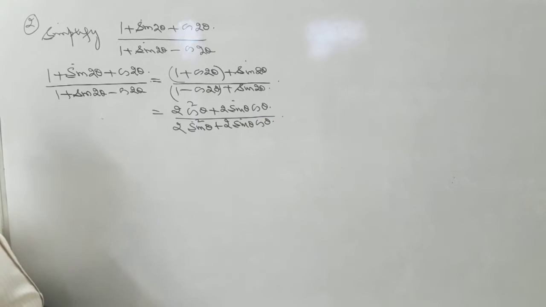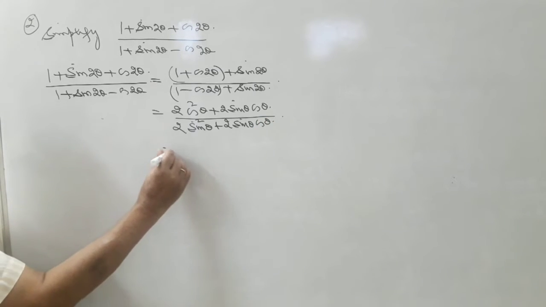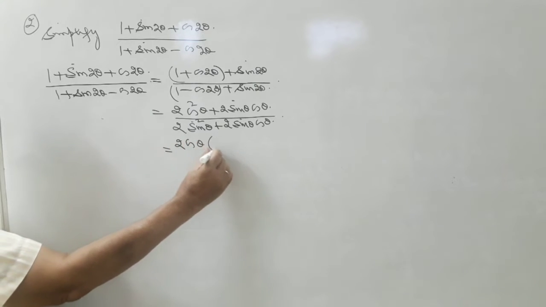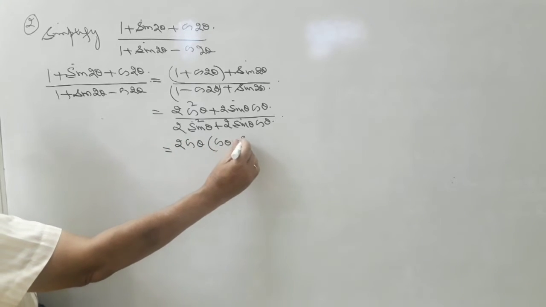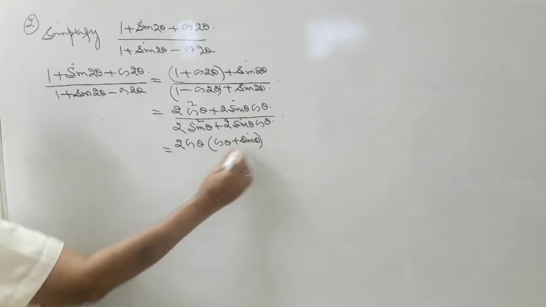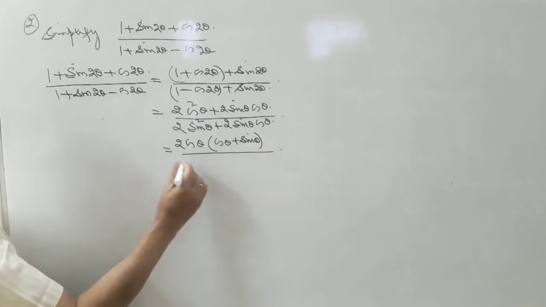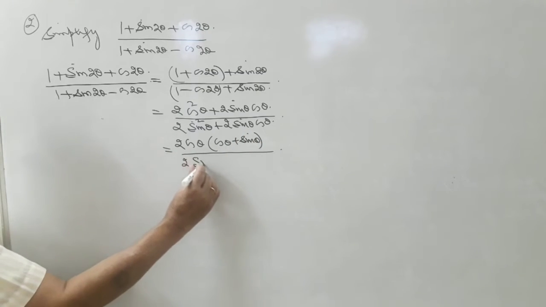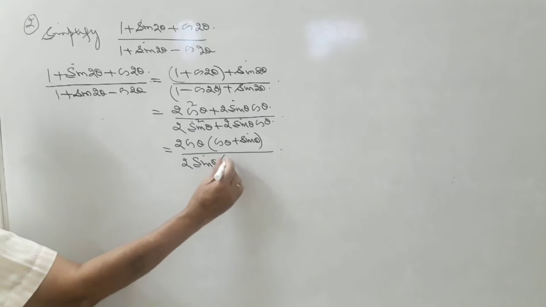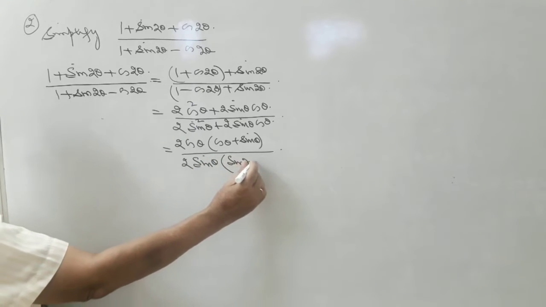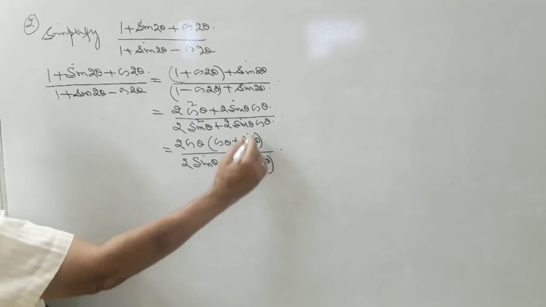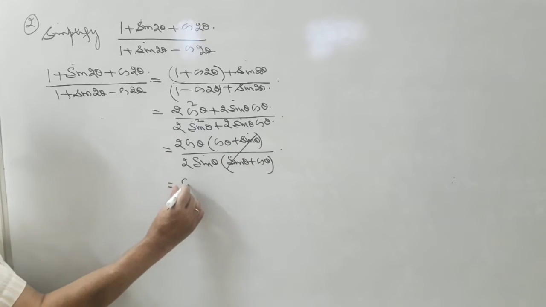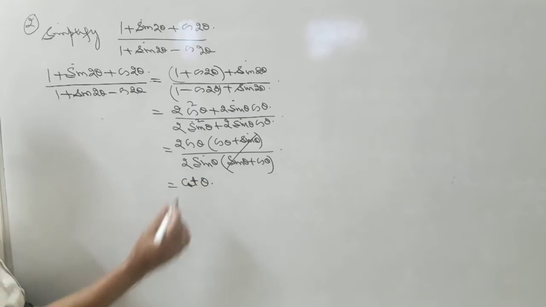Now take up 2 cos theta as common from the numerator. It is cos theta plus sin theta, over, in the denominator 2 sin theta is common, so it becomes sin theta plus cos theta. Now this will cancel out. The value is cot theta.